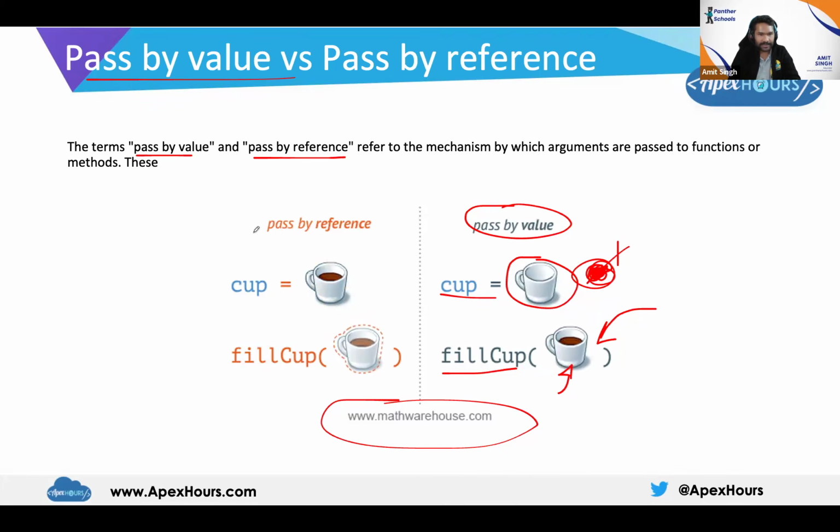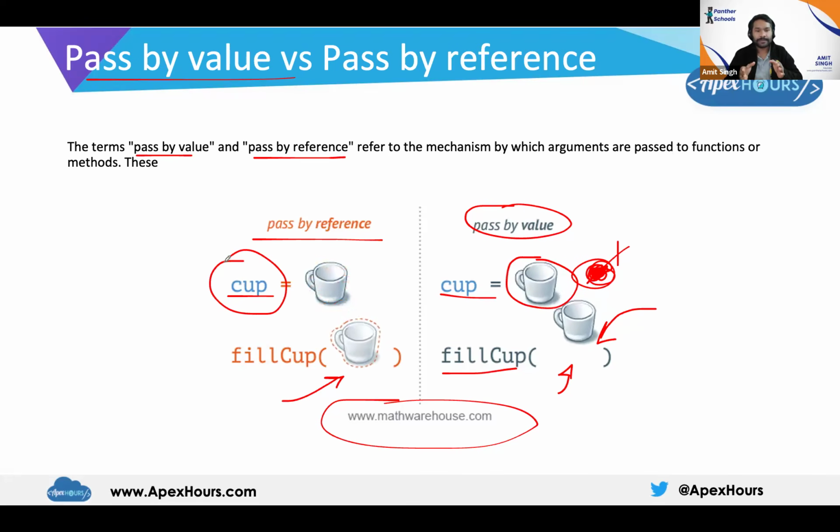On the other hand, pass by reference says, if you pass a variable to a method, and any modification happens on top of that variable, this variable itself will get changed. That is what pass by reference is.